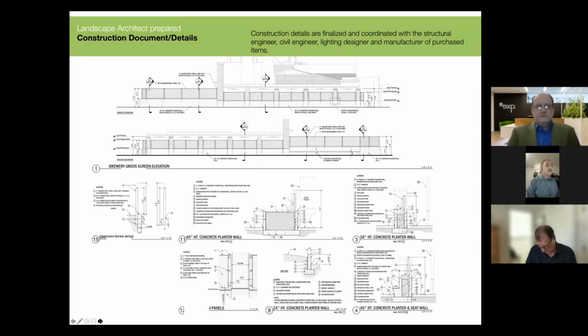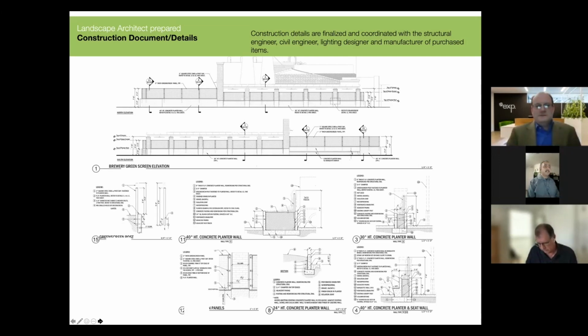Here you see some construction document level details. You might recall the upper green screen elevation, which was carried over from the design development phase. Below that are a few more details providing more info on the green screen as well as the planter it's attached to. At this point, the details are completed.